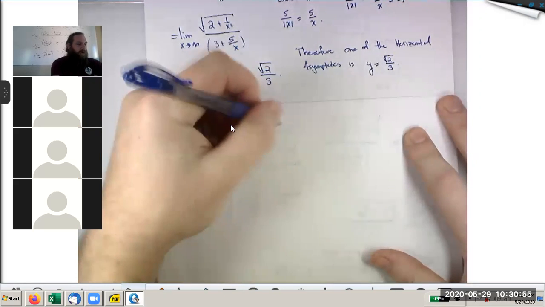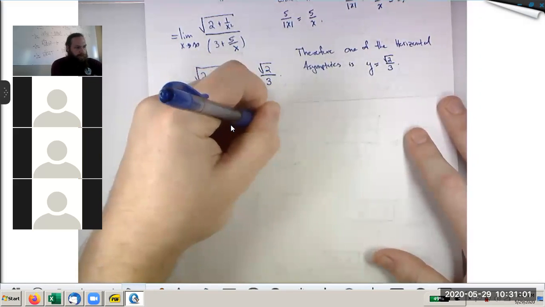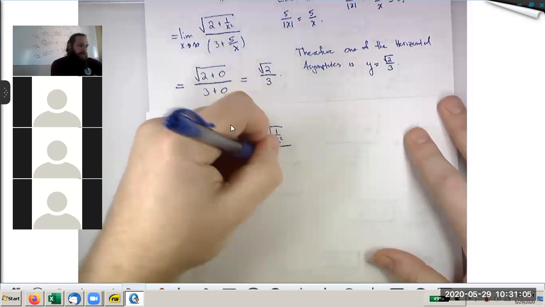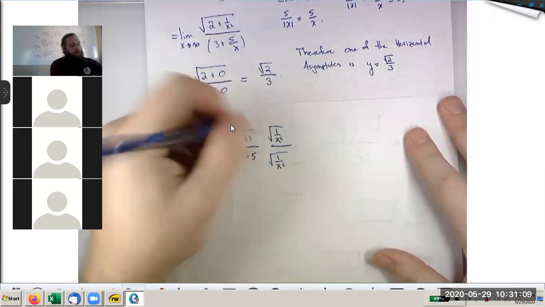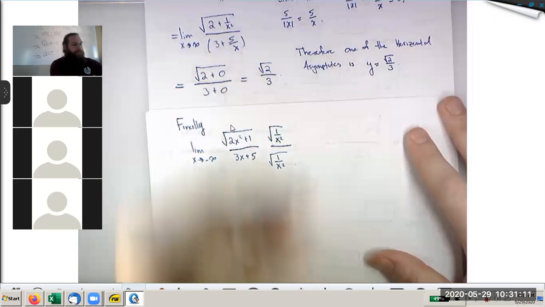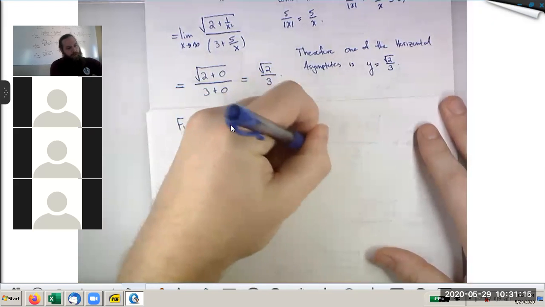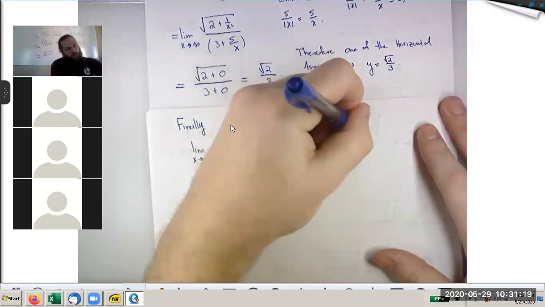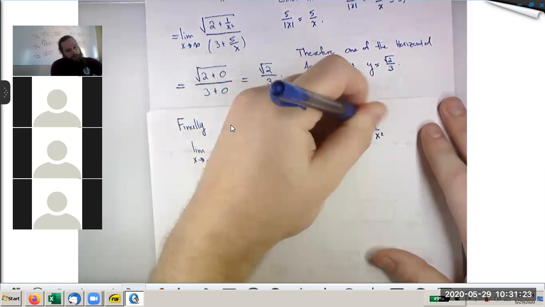I'm going to use the same trick. I'm going to divide top and bottom by the square root of x squared. Upstairs, I merge the two square roots, and I distribute the 1 over x squared term to get this.